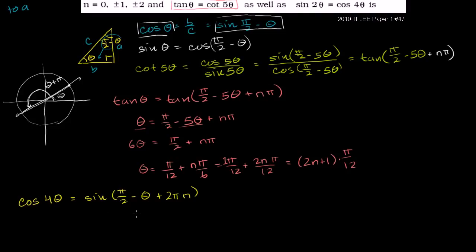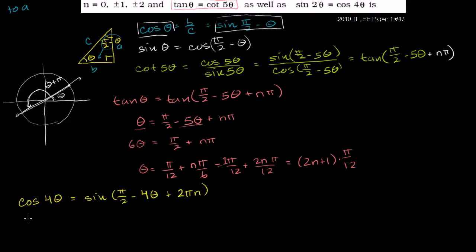So let me be careful. Cosine of 4 theta is not equal to sine of pi over 2 minus theta. That would be cosine of theta. If it's cosine of 4 theta, it's pi over 2 minus 4 theta plus multiples of 2 pi. So plus 2 pi n. Because obviously if you add multiples of 2 pi, you're going to go back to the same angle. So you go back up to this equation up here.